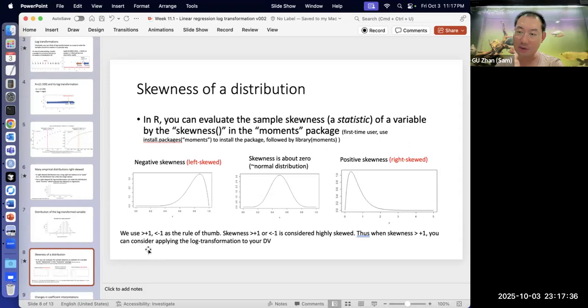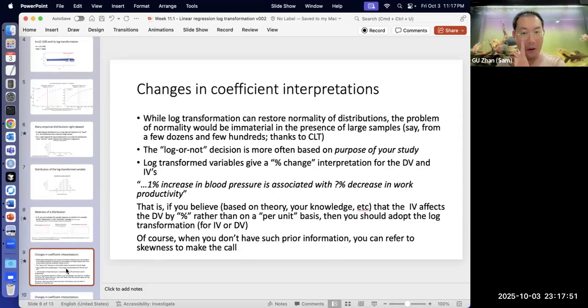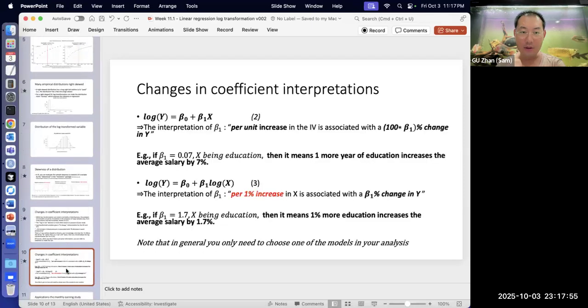If it's greater than 1, it's highly right skewed. Then it's reasonable to apply the log transformation to your dependent variable.